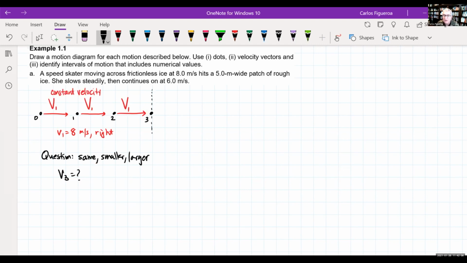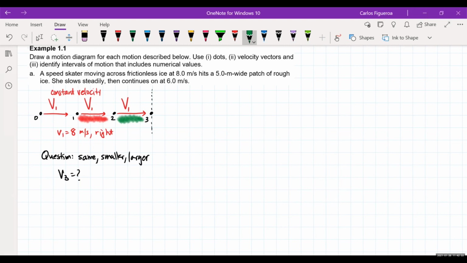If it's smaller, I have to look at the intervals, right? So let's look at this interval. That interval gives me V1 at V2, right? Now let's look at this interval right here. Is this interval the same between 2 and 1 as this 3 to 2? Yes.